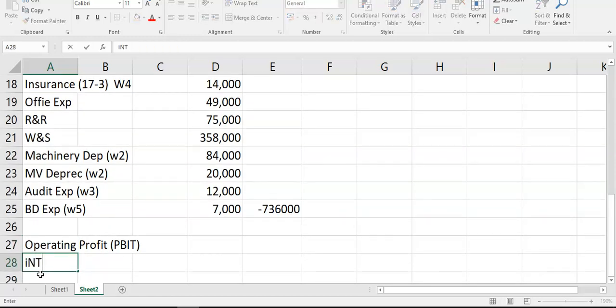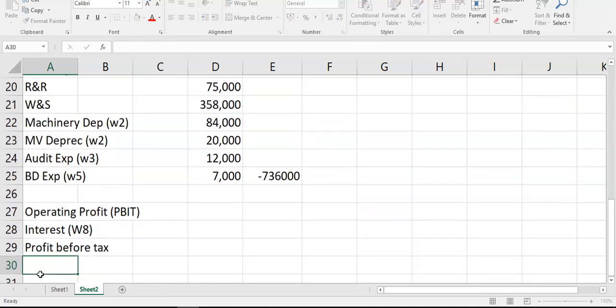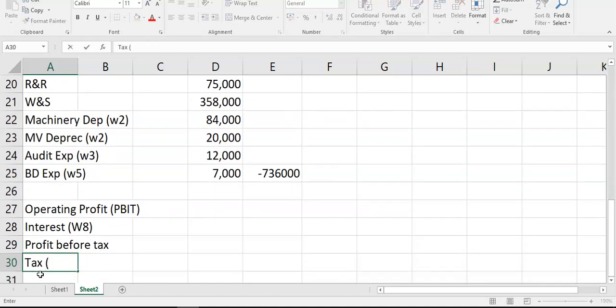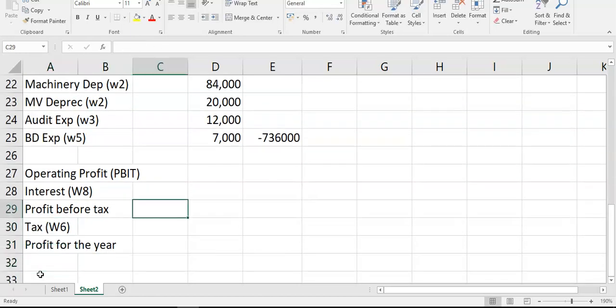You then take off your interest, otherwise known as finance costs, which is our working 8, and then you will get profit before tax, and you take off your tax, which we have as working 6, and that gets you profit for the year, otherwise known as profit after tax. So there is a nice structure to it, and that's all mandated by IAS 1.